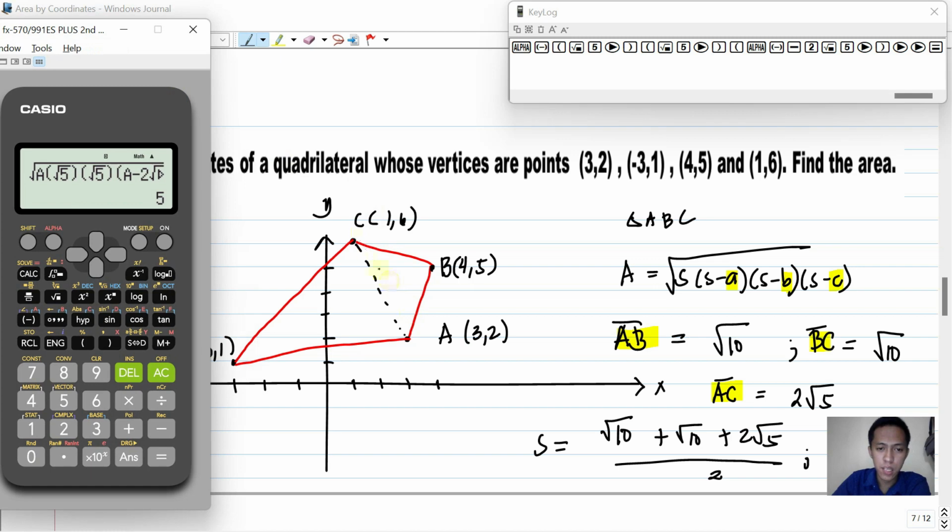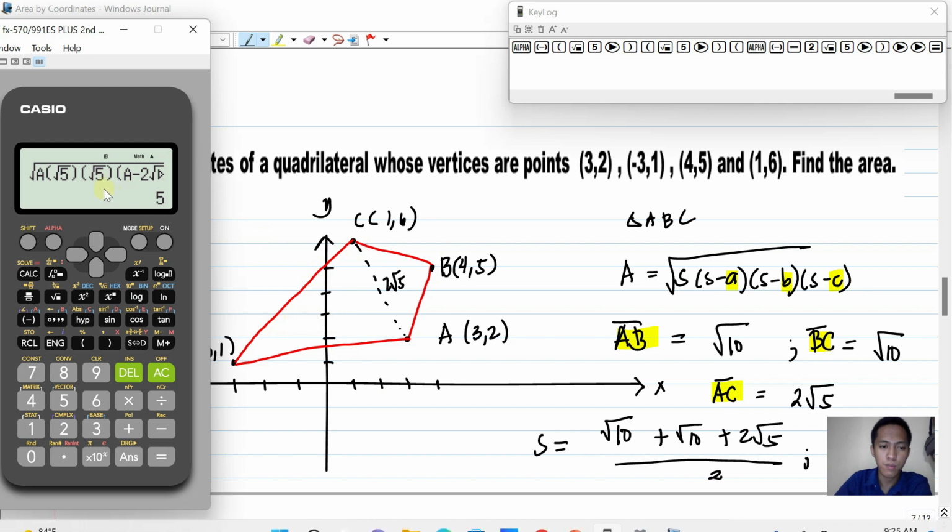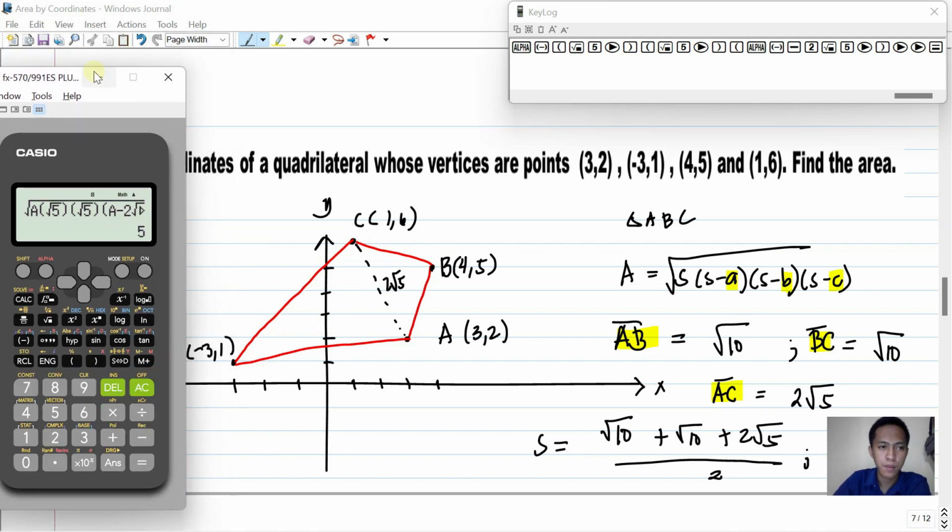What is the side AC? Side AC is 2 square root of 5, already computed earlier. So what is side CD? You can compute that.